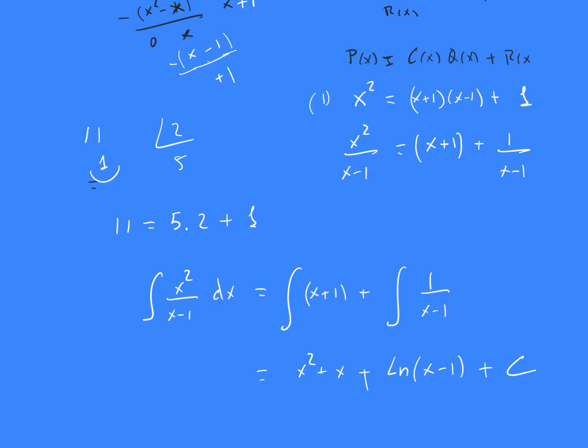Let's go to the next problem. Okay, to do this integral of 1 plus sine of x divided by cosine of x, you know that we can split the numerator. We cannot split the denominator.